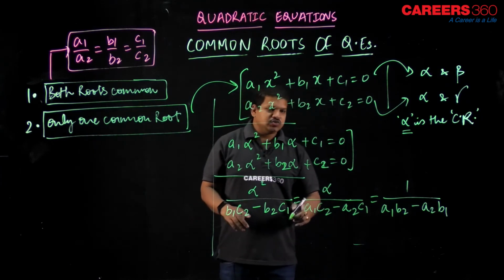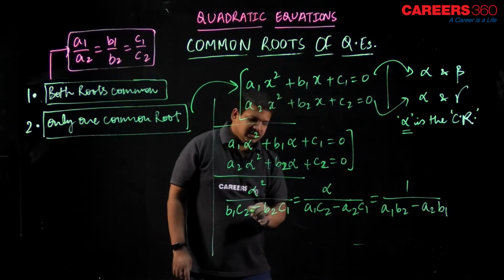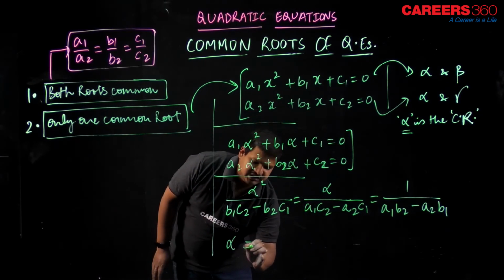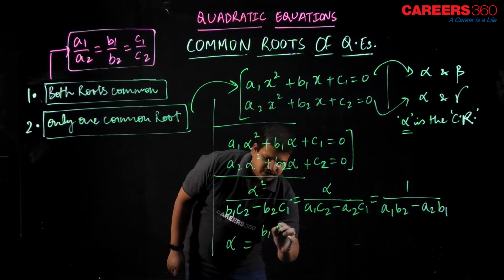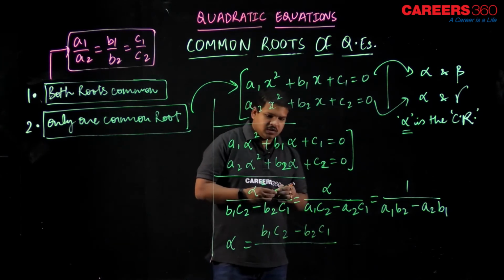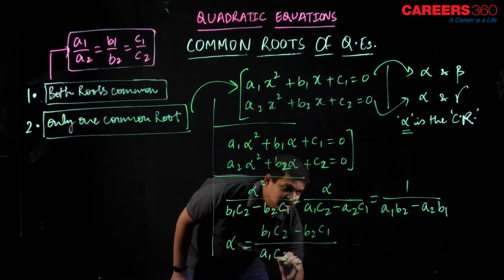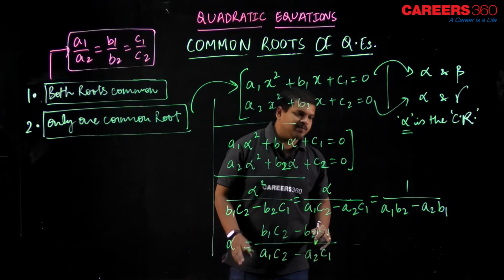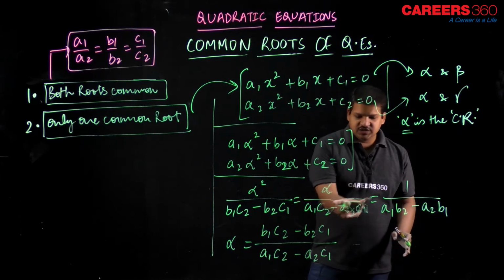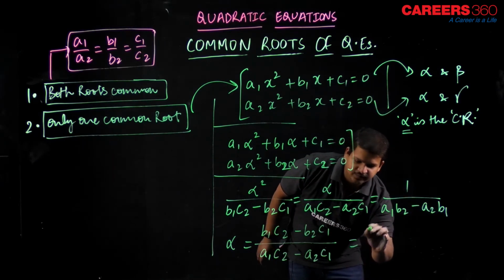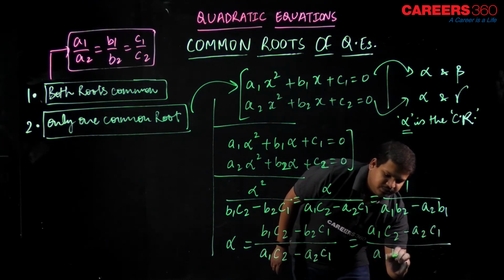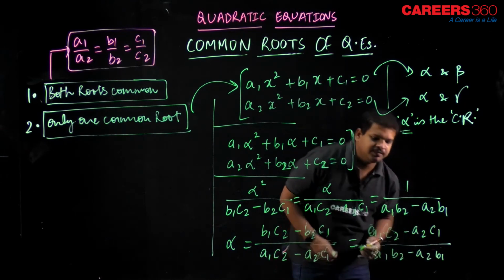Now if I try to solve this, let's take first two terms first of all. So what I'll be achieving is alpha is equals to b1 c2 minus b2 c1 upon a1 c2 minus a2 c1, and taking the last two terms also I'll be getting alpha only. If I take this over here, I'll be getting a1 c2 minus a2 c1 upon a1 b2 minus a2 b1.